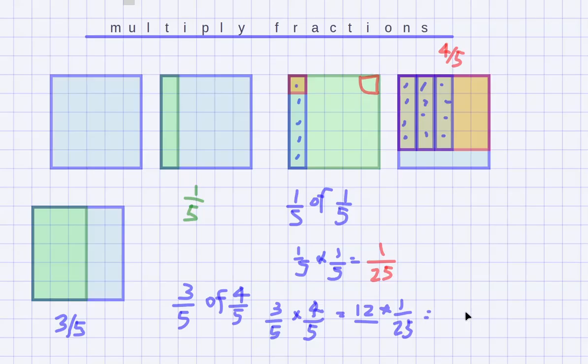And that just equals 12 over 25, 12 25ths. So really fast, you can just see that 3 times 4 is 12, and 5 times 5 is 25. So 3/5 of 4/5 is 12 25ths.